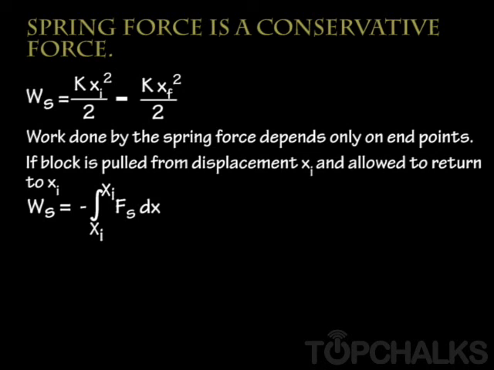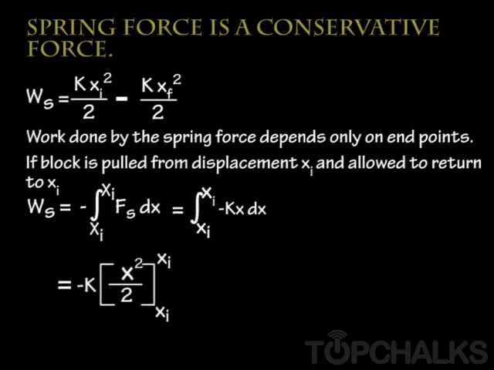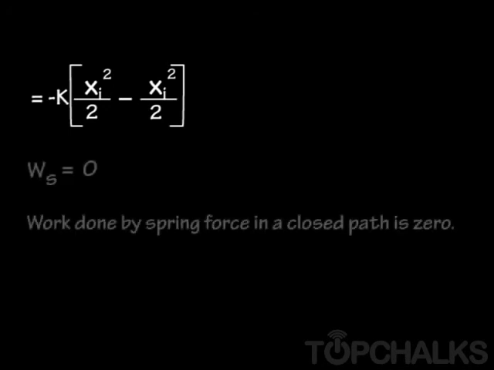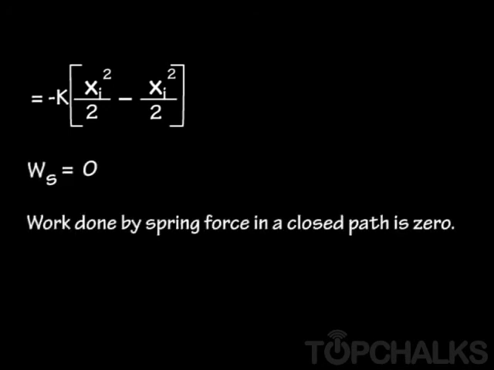F is minus kx, and now solving the integration, we have minus k constant, and integration of x dx is x square by 2, limits xi to xi. Minus k times xi square by 2 minus xi square by 2, this is 0. Now it is also proved that work done by the spring force in a closed path is 0, right?